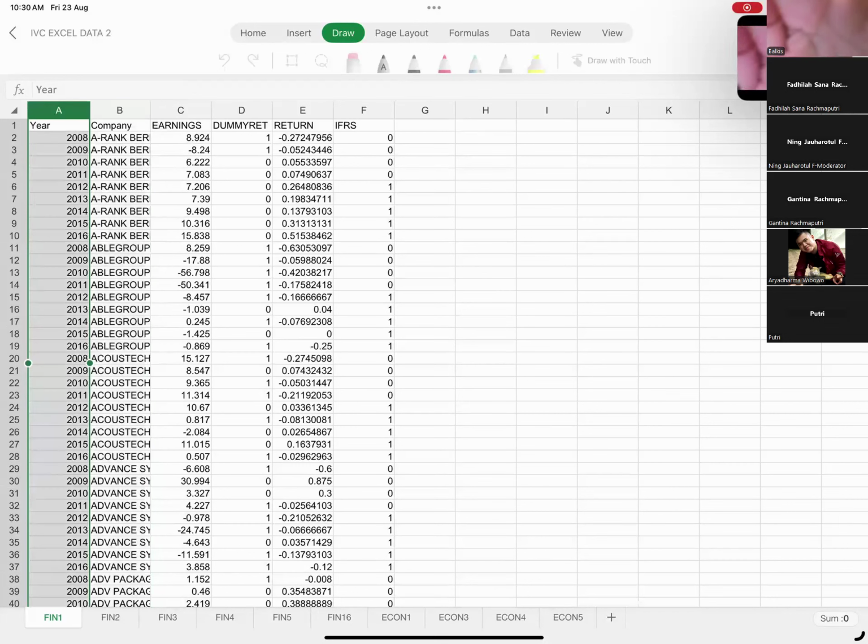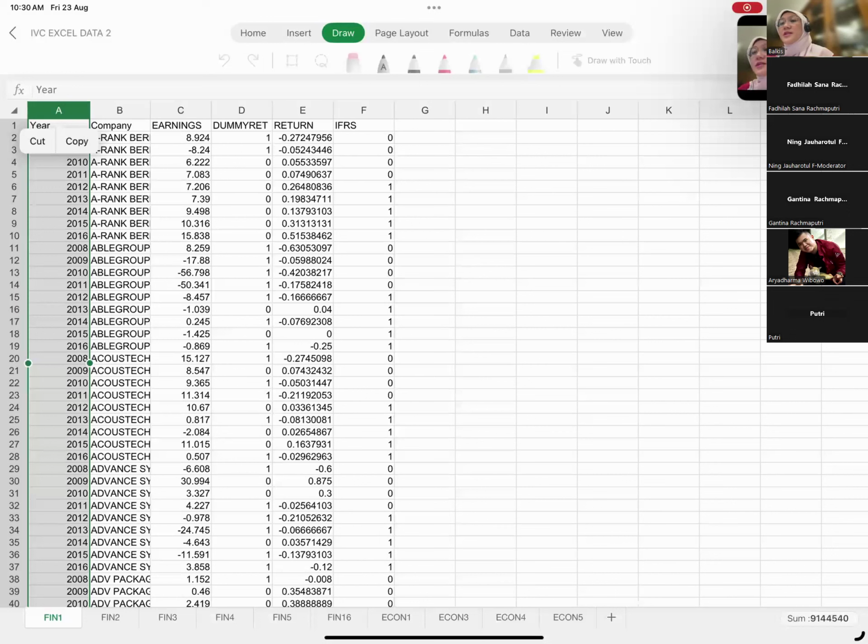In order for us to identify whether to use fixed effect or random effect, you convert from Excel to Python or Minitab or R or eViews.